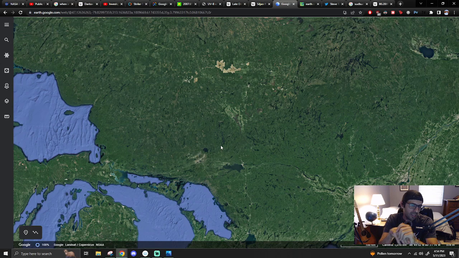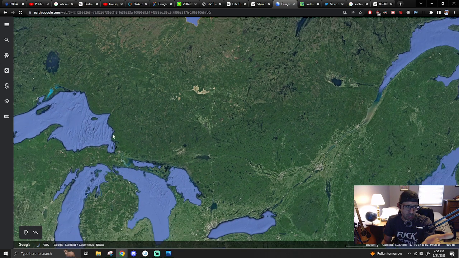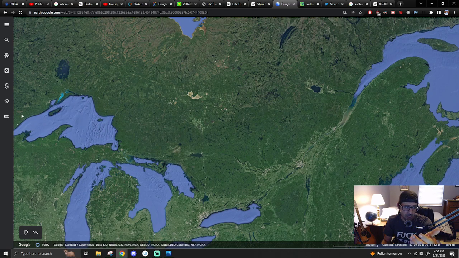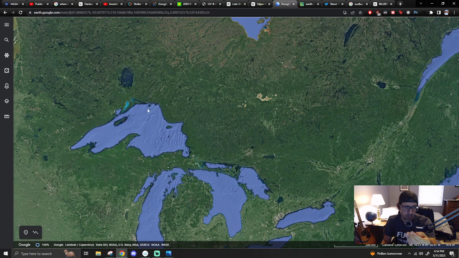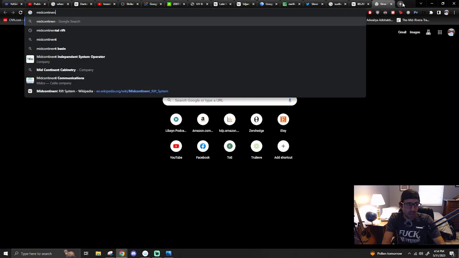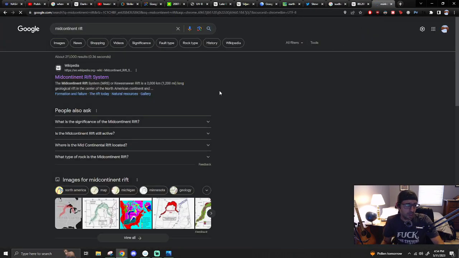Okay, so in my interpretation, this shows remnants of the process where it was fracturing this apart, but it just didn't completely, and created the mid-continent rift. When was that?